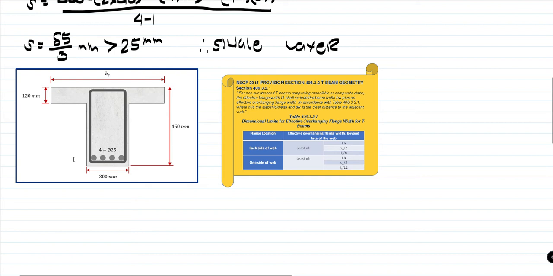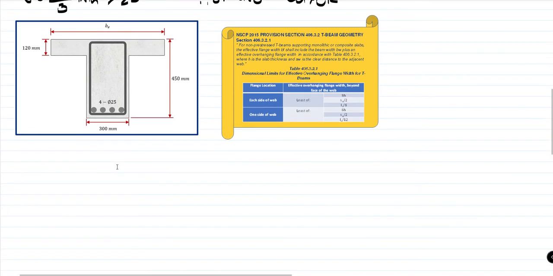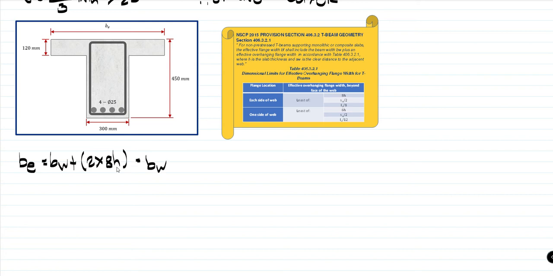So, syempre, kakailanganin natin yung effective flange width, which will be coming from this code. So, una tayo dun sa first provision. So, our effective flange width according to the first provision will be 8h, and that is each side of our web. So, that will be be is equal to bw plus, since each side, and we have two sides, which is ito at ito, so that will be 2 times 8h, and that is bw plus 16h.